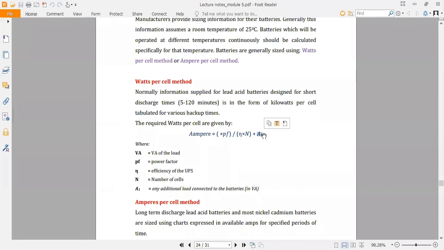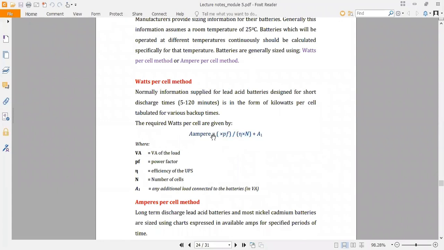And what is this A1? A1 is any additional load which is connected to the battery. Okay. So if 4 different loads are connected, then we can add this value for all 4 different loads. Okay.